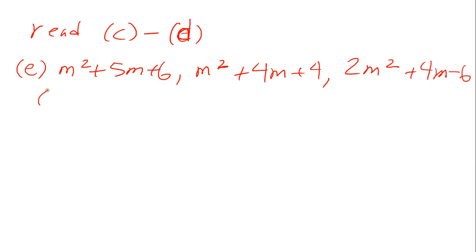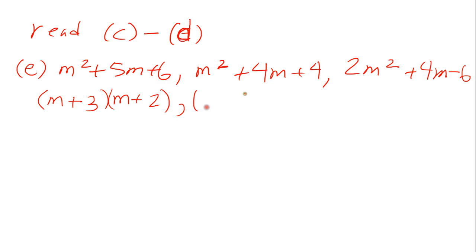Alright, so here, my factors of this are going to be m, and two factors of positive 6 that add to 5. You definitely can't use 6 and 1, because they both have to be positive to get 6. So it's going to be plus 2 and plus 3. Those are really the only possibilities.